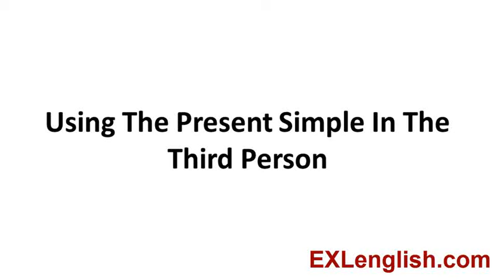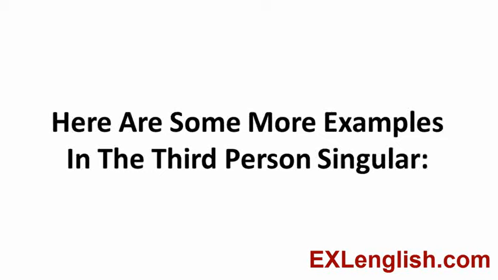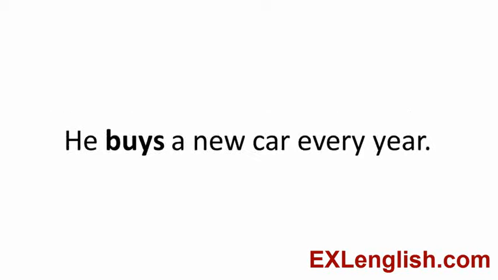However, whenever you use the third person he, she, it, then you must add the letter S to the end of the verb. So the verb to walk becomes walks, as in he walks, and to run becomes runs, as in she runs. Here are some more examples in the third person singular.